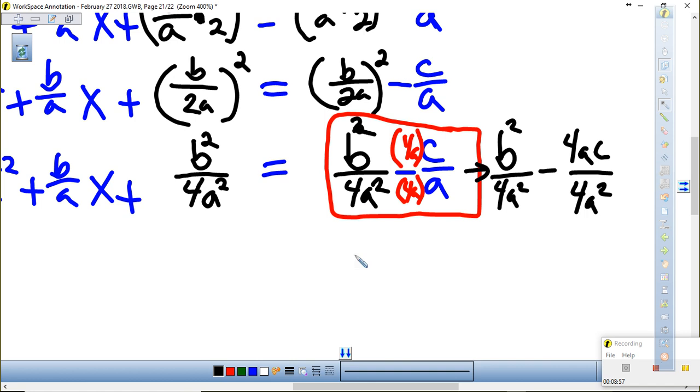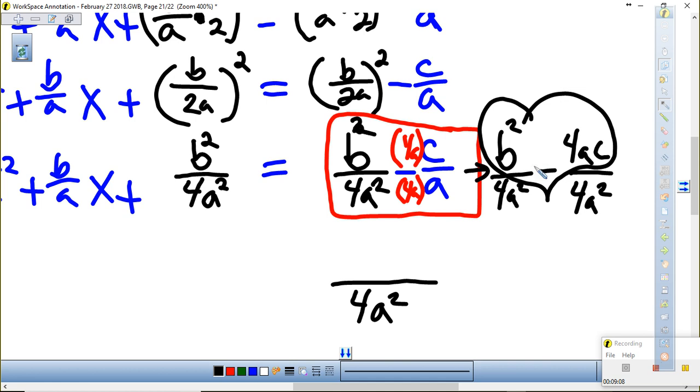Now can I combine these two? Yeah, so I'm going to simplify it and bring it down here. So the common denominator is 4a squared. And then this, can I combine anything? No, but I can write it as b squared minus 4ac. Are we there so far?